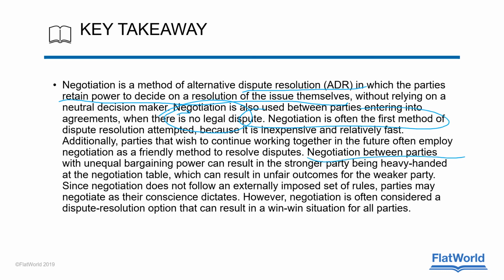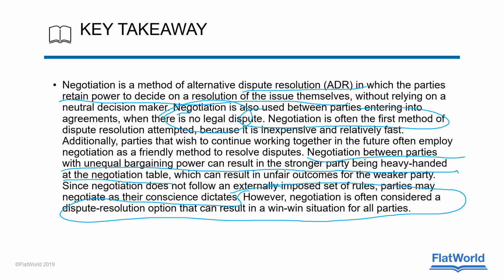Negotiation between parties with unequal bargaining power can result in the stronger party being heavy-handed at the negotiation table. So we know what that could mean. But to wrap it up, negotiation is often considered a dispute resolution option that can result in a win-win situation for all the parties.